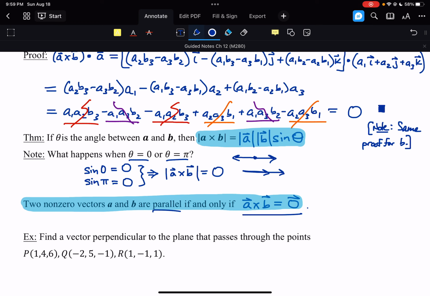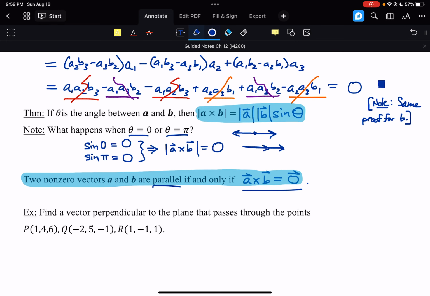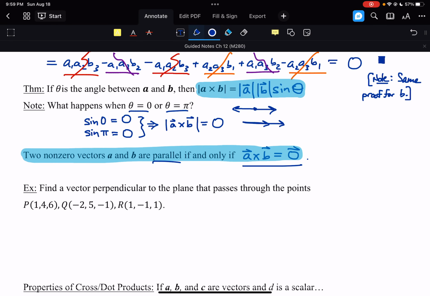If you're trying to test whether vectors are orthogonal, that's the dot product. Testing orthogonality is dot, testing parallel is the cross product. I know that's a lot of the same words getting slightly rearranged, but it takes a little bit of practice. But the cross product is used to show or test that two vectors are parallel to each other.